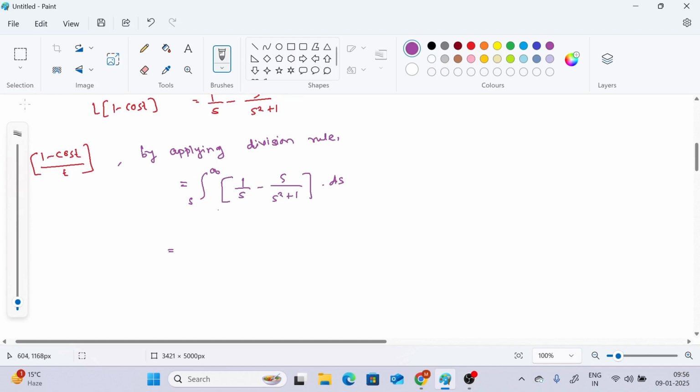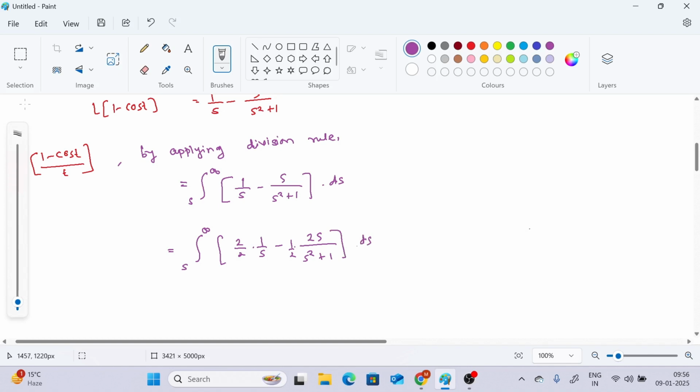So in order to balance the term, I'm going to multiply and divide by 2 here, right? So what can I get? 2 by 2 into 1 upon s minus 2s upon s square plus 1, into 1 by 2 into ds. Why have I made these changes here?